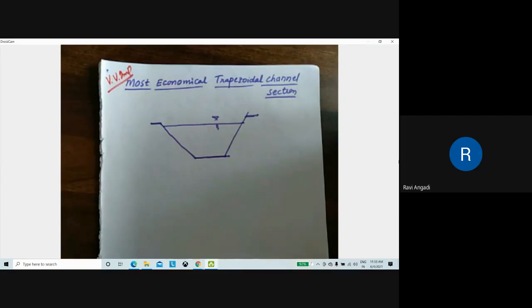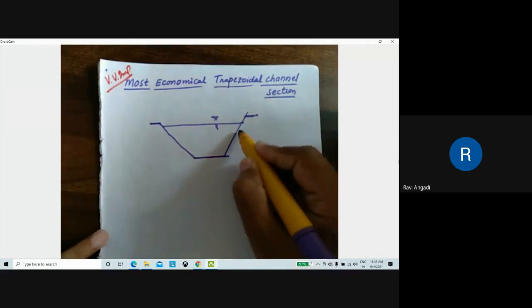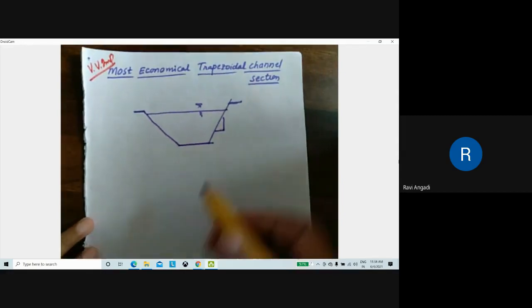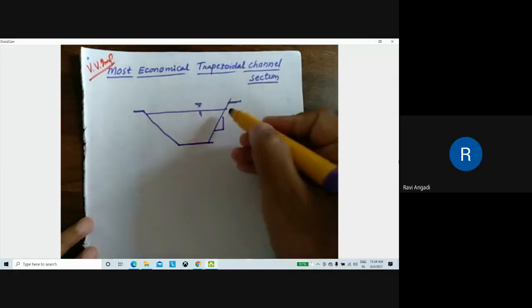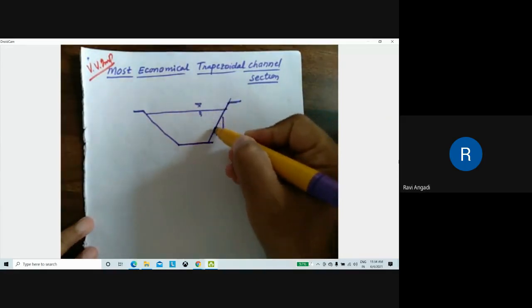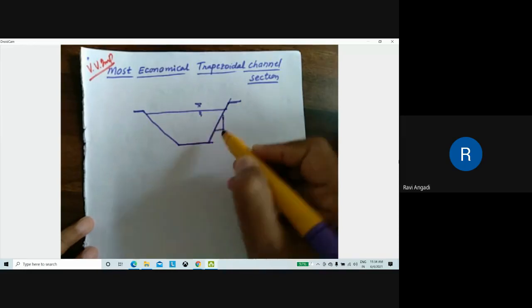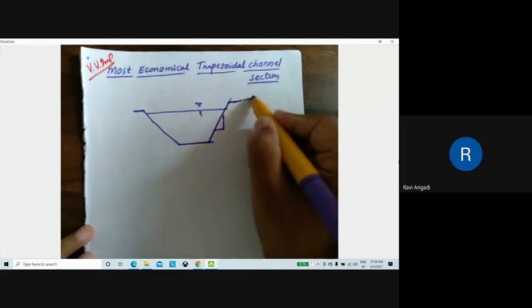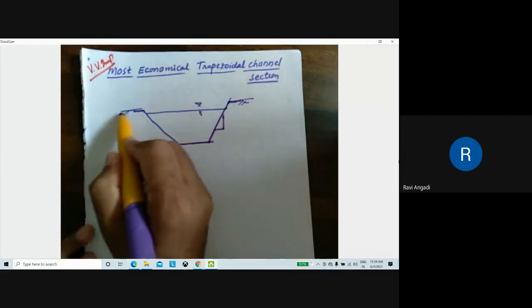You have all seen it in canals, where the shape is a trapezium, and side slopes are provided for the channel so that the soil can stand safely on this side.